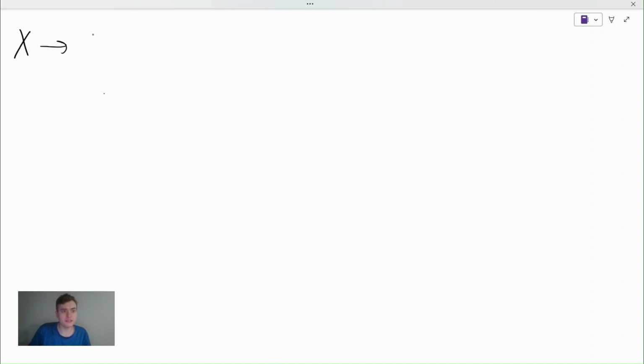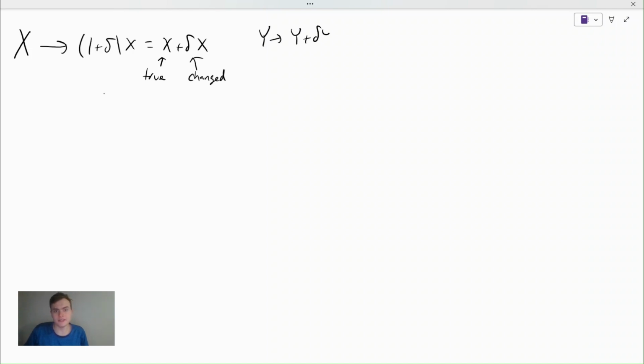And then when you store it on a computer, that turns into (1 plus delta) times X, or X plus delta X, because the true value is being rounded, and this small perturbation of X is what actually is stored in the computer. And so the same happens for y. y goes into y plus delta y.